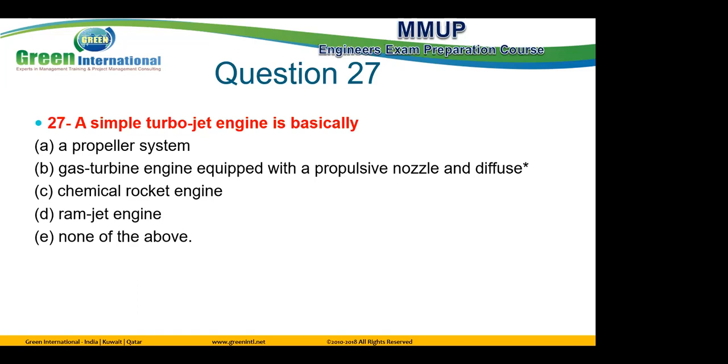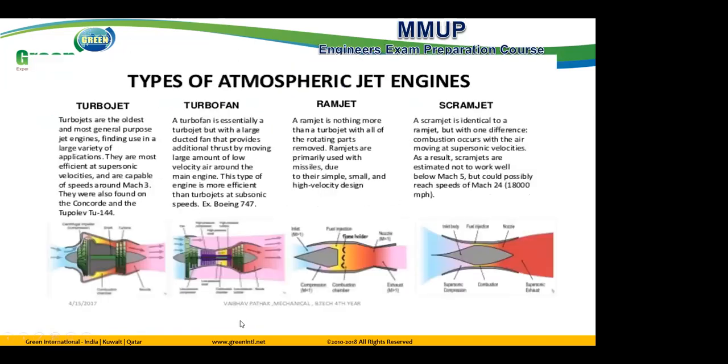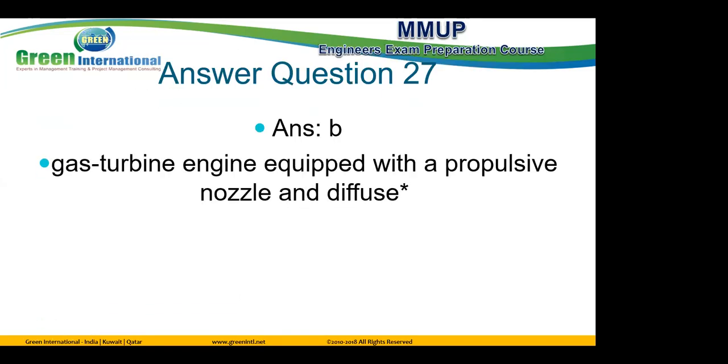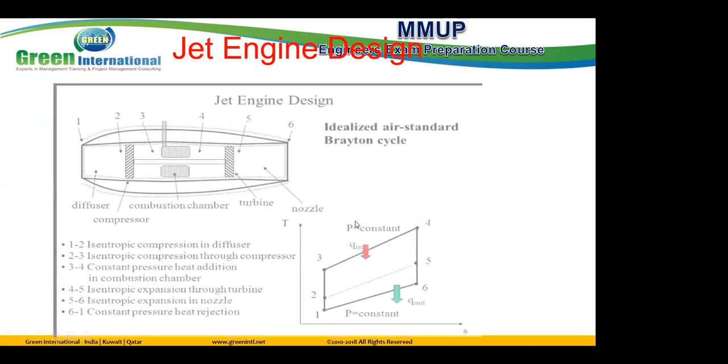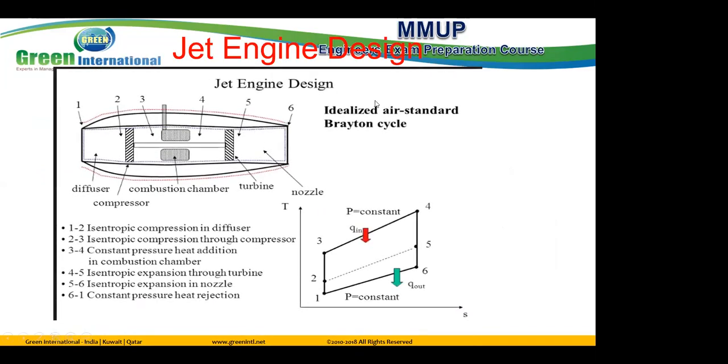This is what we will see next on the slide. Here are some types of jet engine: turbojet, turbofan, ramjet, scramjet. We will briefly describe each one. First, I will describe the jet engine design. A jet engine consists of the normal gas turbine parts: compressor, combustion chamber, and turbine.